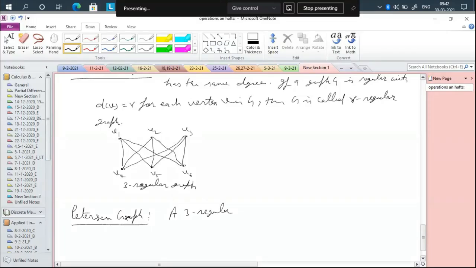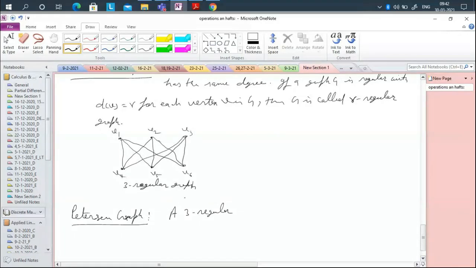Another special graph is the Petersen graph. You see a three regular graph. A three regular graph shown in the following figure is known as the Petersen graph.